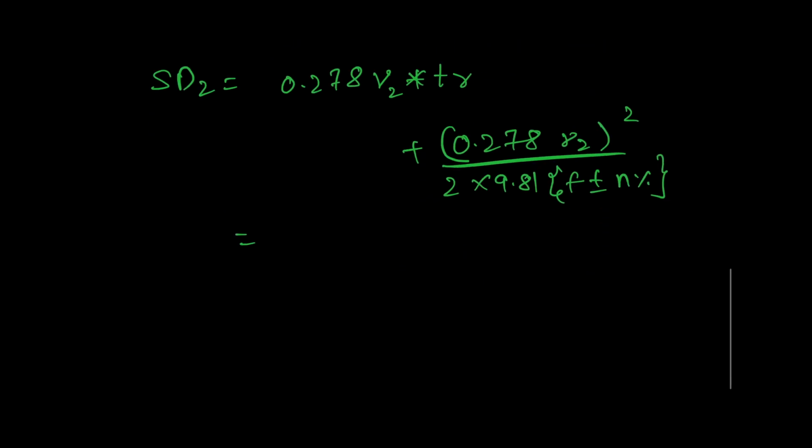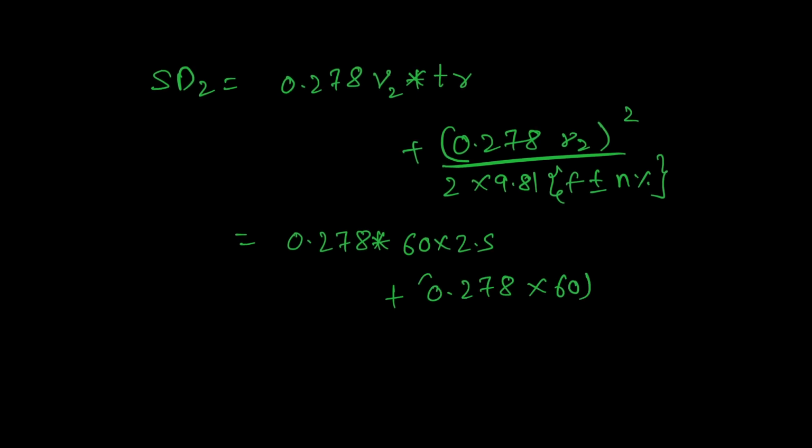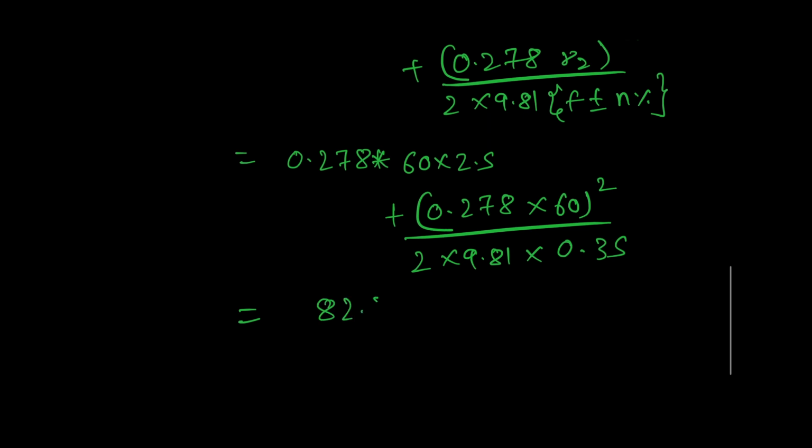So this will come out to be 0.278 multiplied by 60 multiplied by 2.5, plus 0.278 multiplied by 60 whole to the power 2 divided by 2 into 9.81 multiplied by 0.35. This will come out to be 82.2 meters.